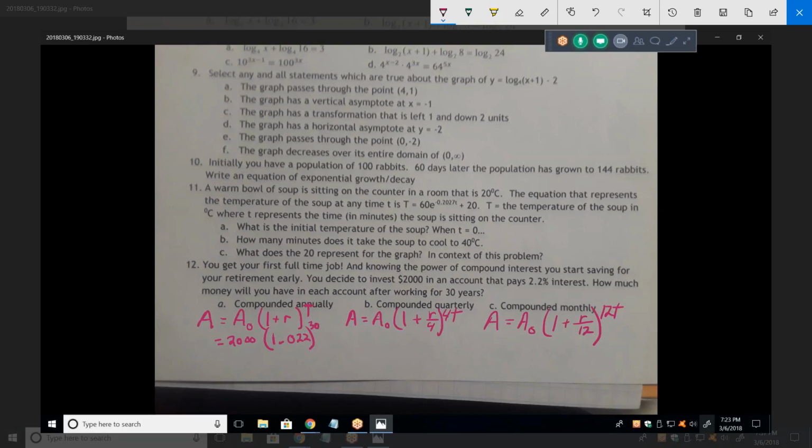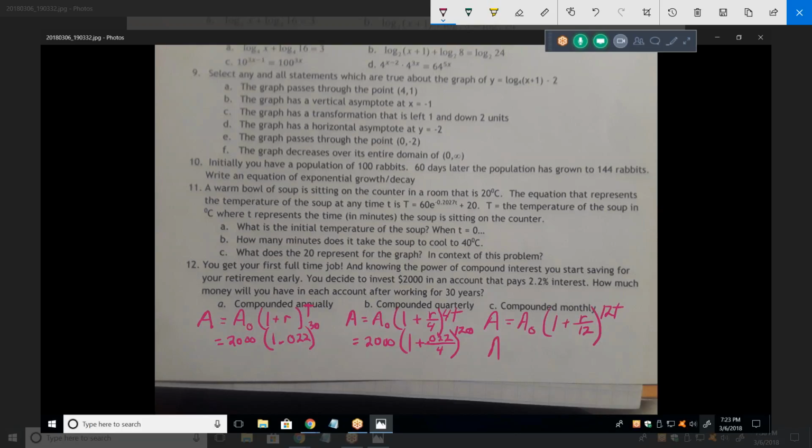That's our first answer. Second answer. And rather than do the math, I'm just going to do it like this. In other words, if you had a certain kind of calculator, you could actually put it in like this, where you just put in 1 plus 0.022 divided by 4.